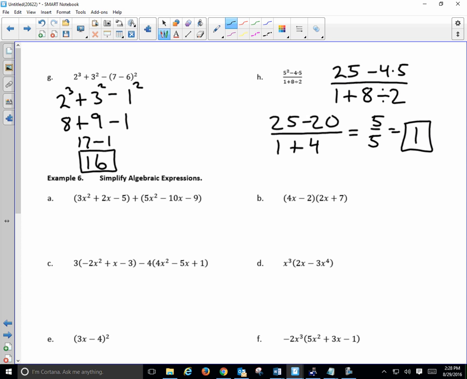Came up with 16 and 1. Good to go there?